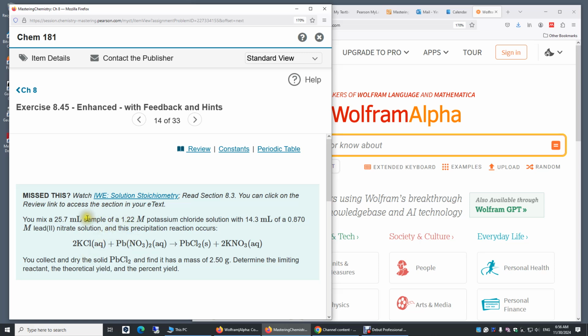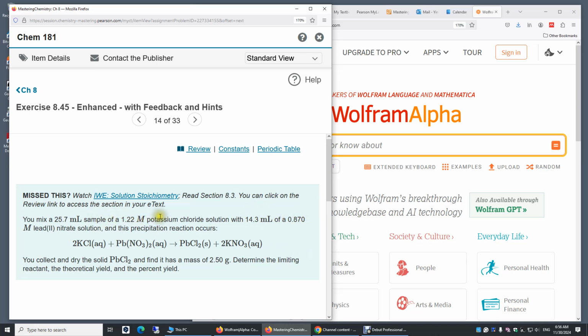There's another way to do it, which is just look at the ratio between these 2 reactants. It's a 2-to-1 ratio. So you can have the amount of potassium chloride by multiplying this and this. You can have the amount of lead nitrate by multiplying its volume and concentration, and see if the ratio is 2-to-1.